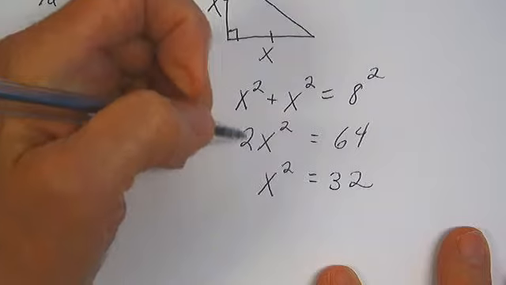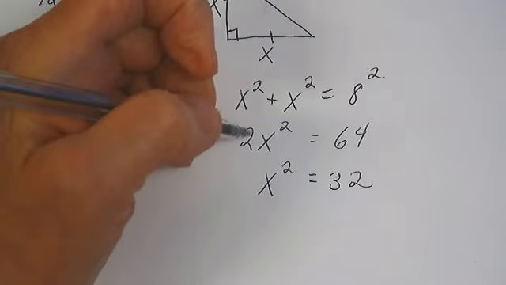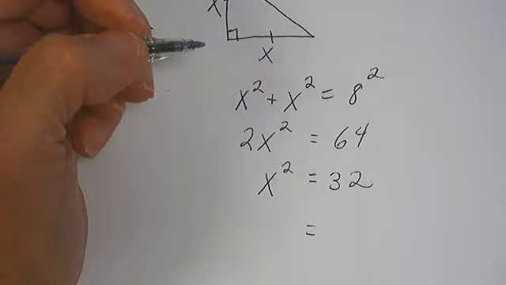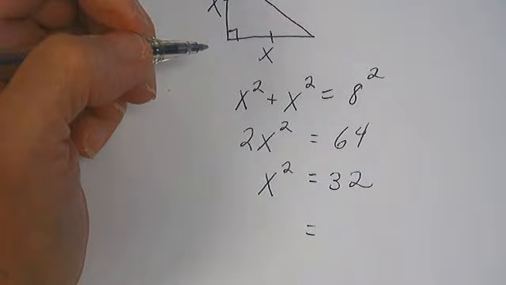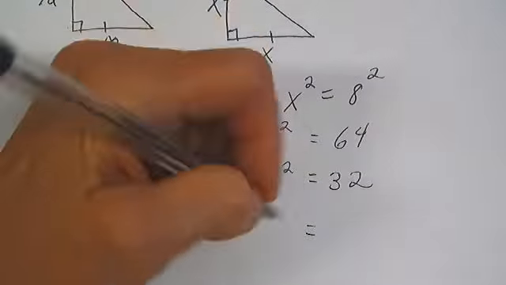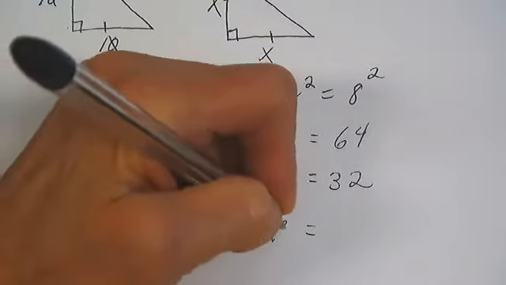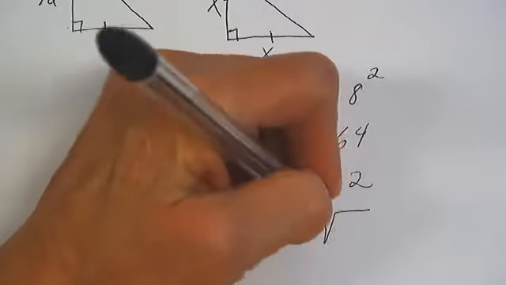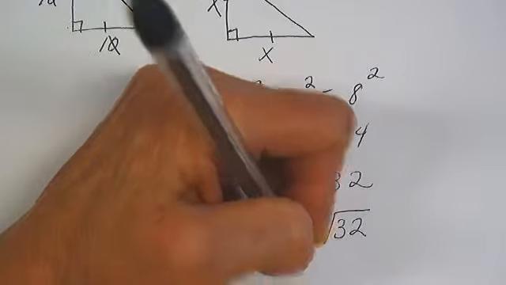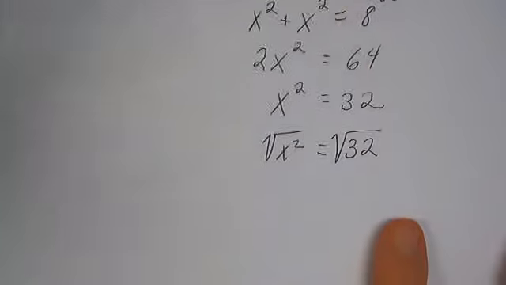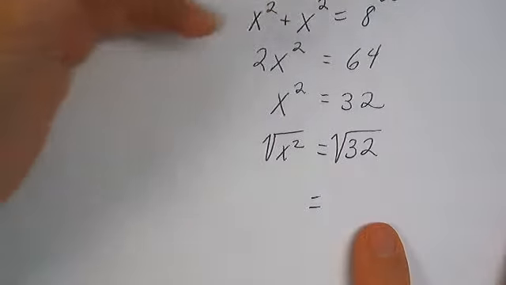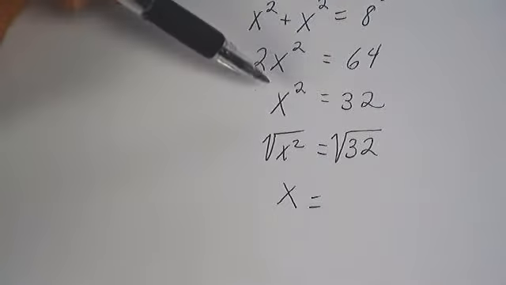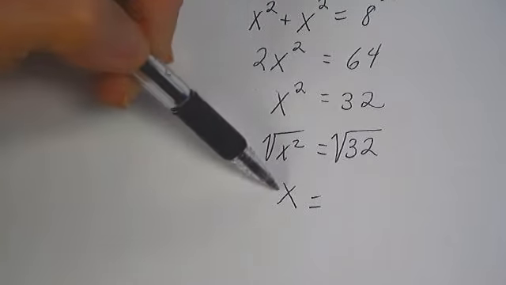Take the square root of both sides. The square root of x squared is x.